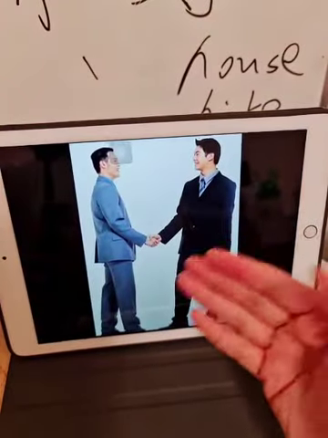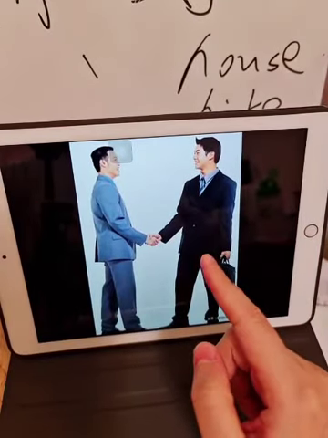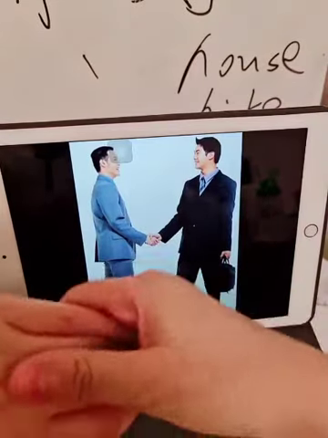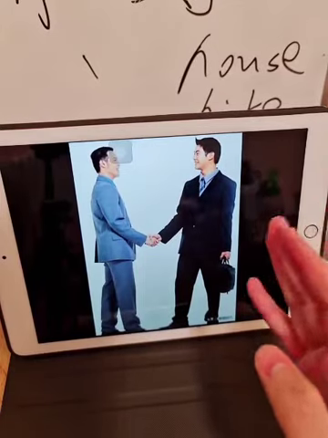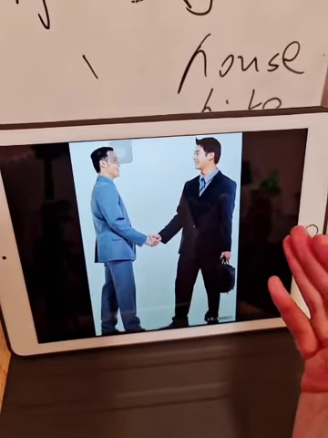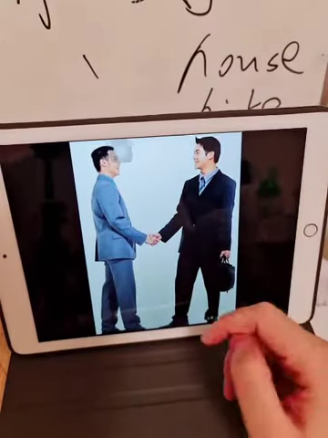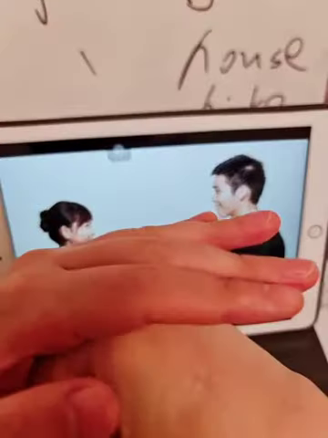Okay, see, we just shake hands. If you see someone the first time or in some formal situation, you can shake hands. If you say 你好 to your very close friends, you can just wave your hand like this. Hey, 你好. So don't do the fist again.